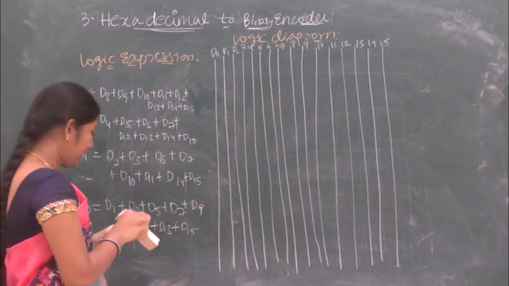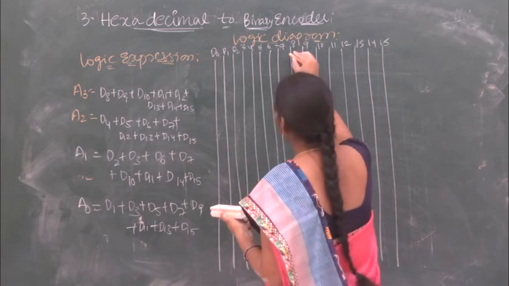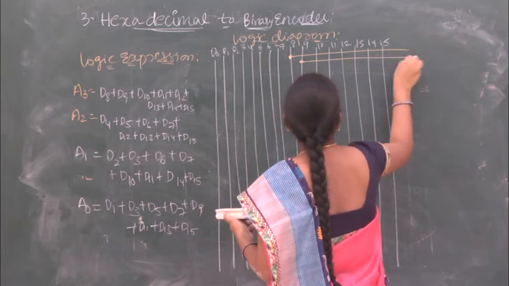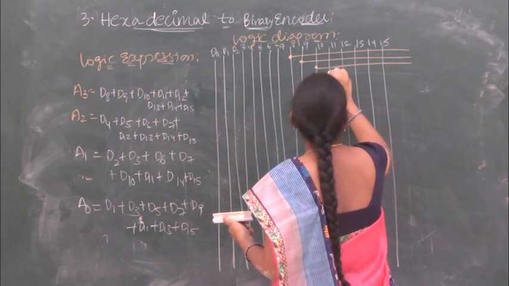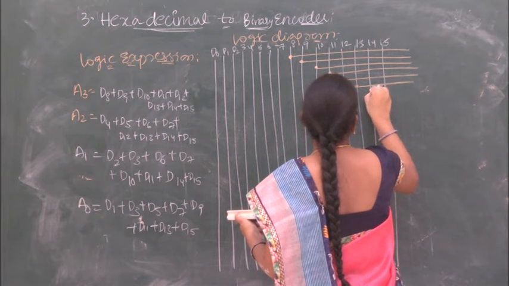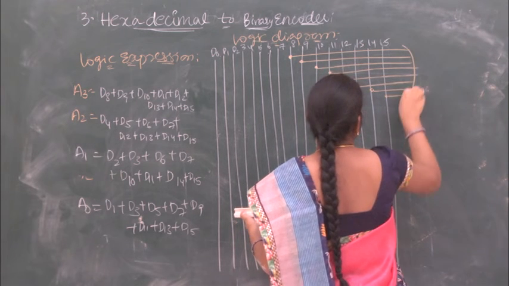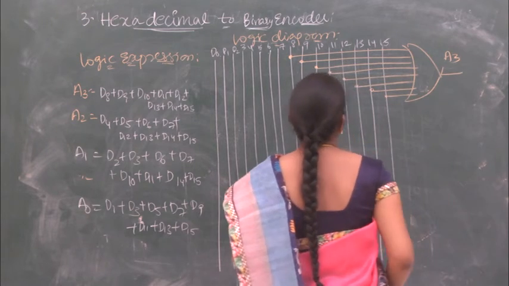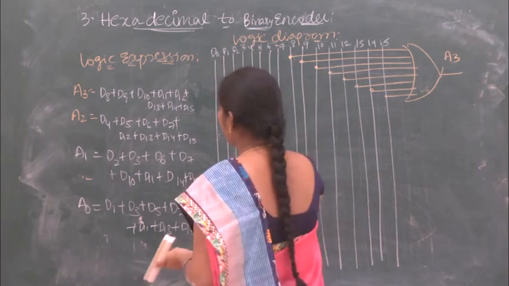Now, A3 is high for D8 or D9 or D10 or D11 or D12 or D13 or D14 or D15. So give it to one OR gate to get A3. Okay.